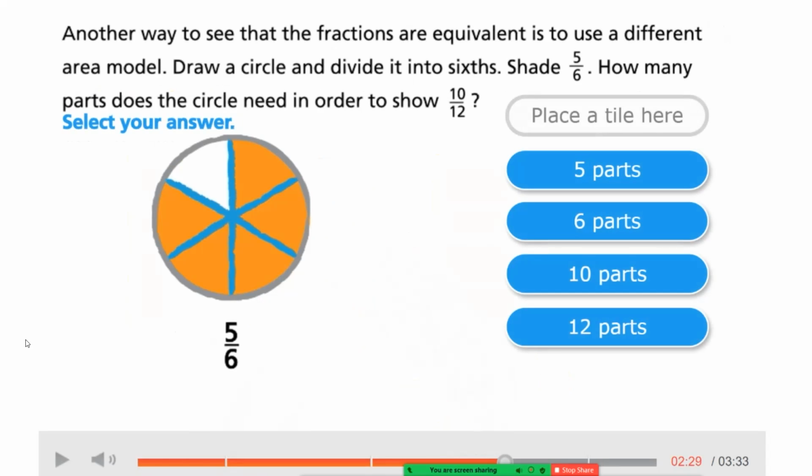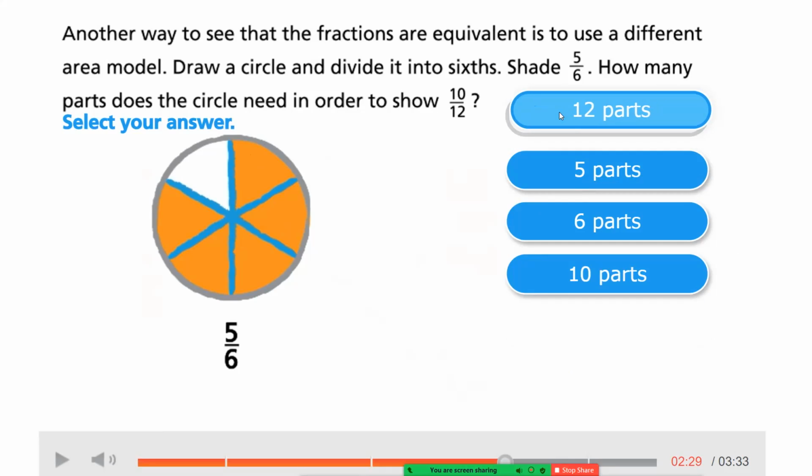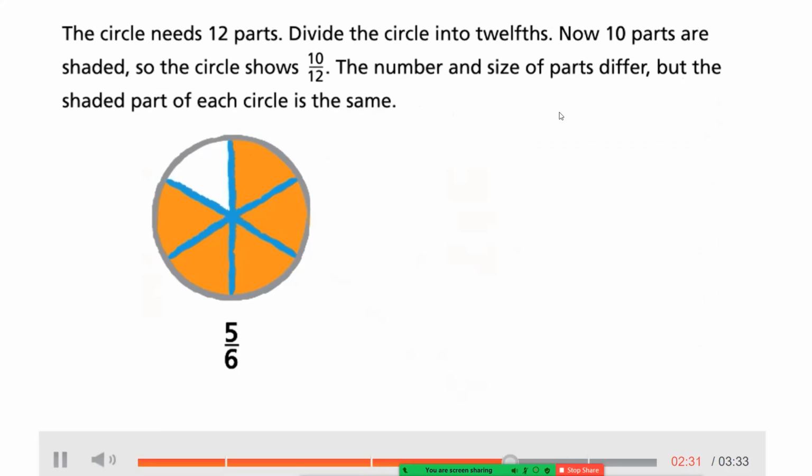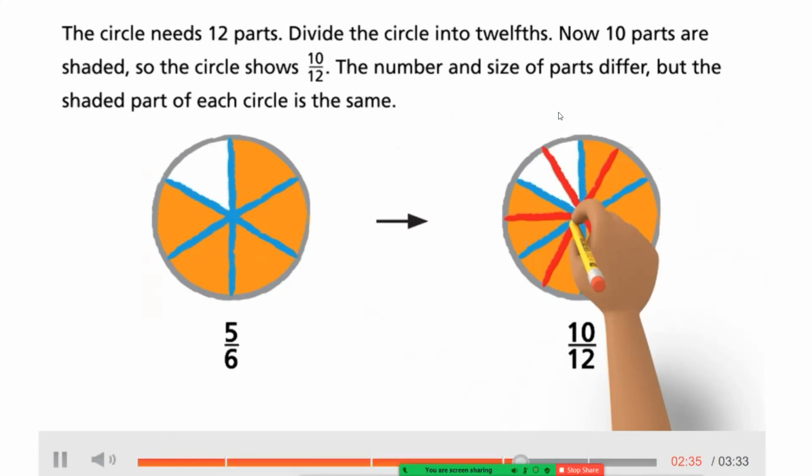So if we want to show it in twelfths and we want to have 10/12, we have to have 12 pieces to work with, because 12 needs to be the total number of parts that we've got. So in order for us to show 10/12, we need to have 12 parts. The circle needs 12 parts. Divide the circle into twelfths.